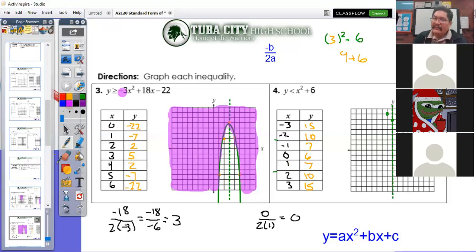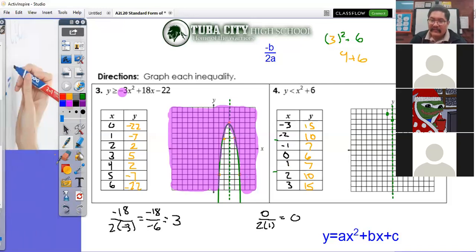And it looks like we have a very small graph. The parabola is way at the top and it's opening upwards. So since it's opening upwards and it's near the top, we're not going to see much of it. Now if you were able to scroll up on that graph, you would see more of it.